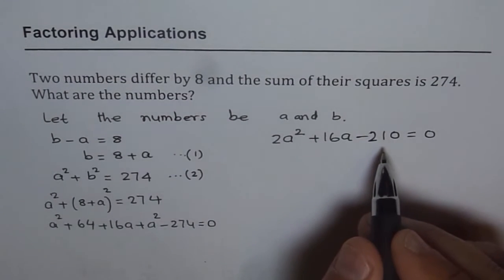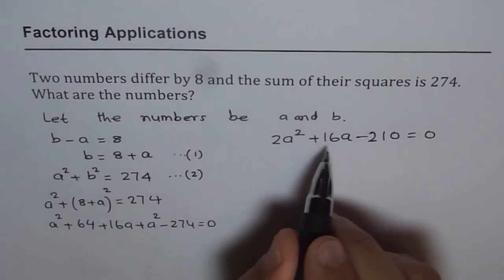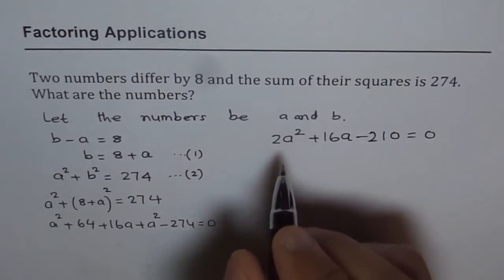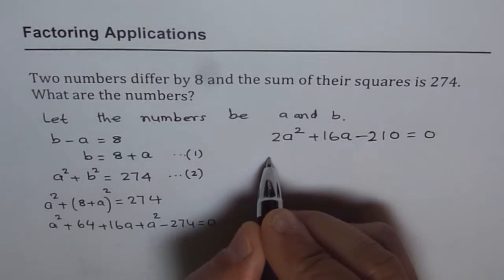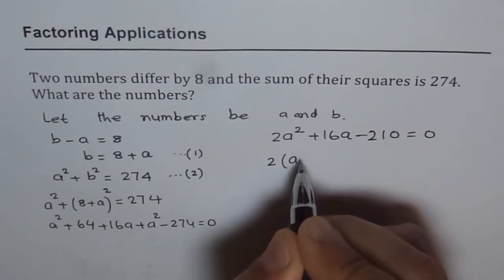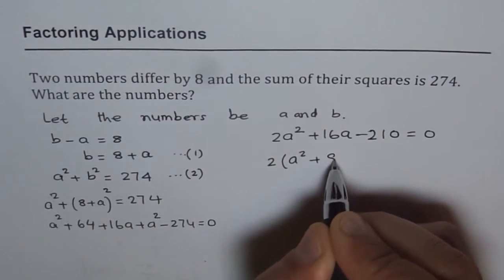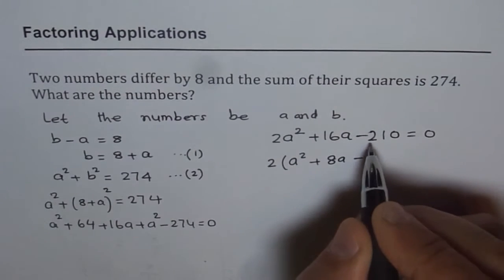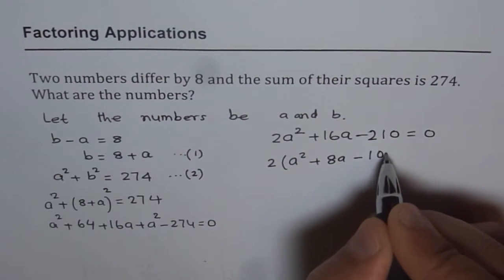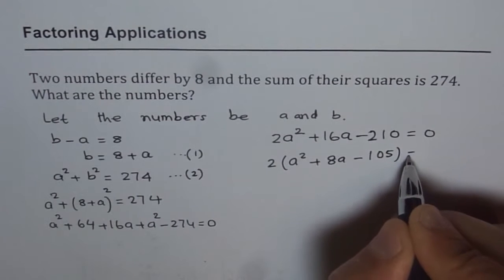Now we need to factor and then solve. So let's factor out 2 first, which is a common factor in all the three terms. So we get 2 times A square plus 8A minus half of 210, which is 105, equals 0.